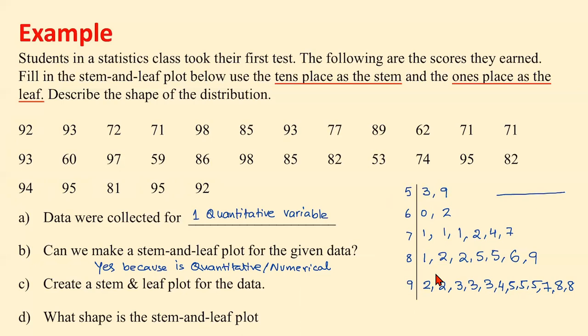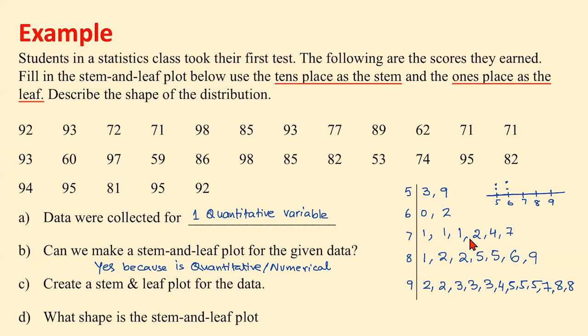Here we have the numbers 5, 6, 7, 8, and 9. These are the numbers in front. And in 50s, we have two data values. So I can just put points to represent that. Here we have two of them again.